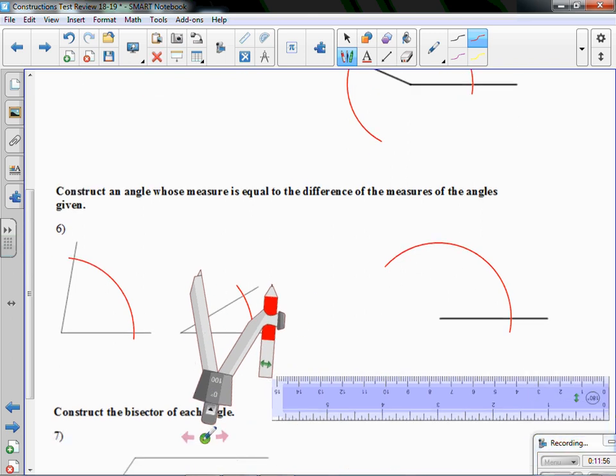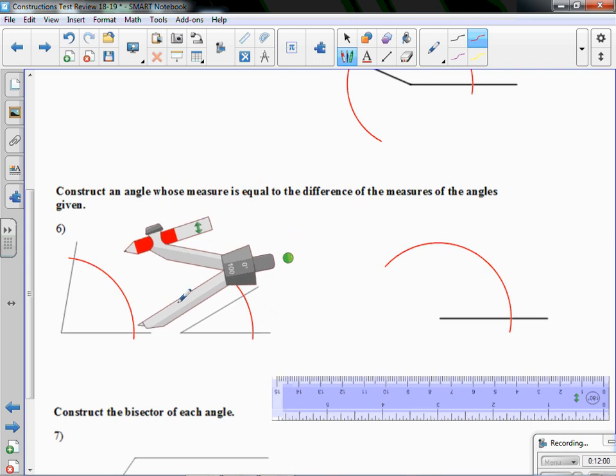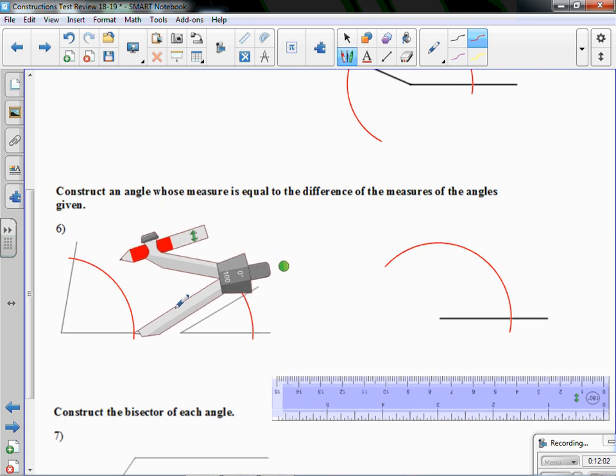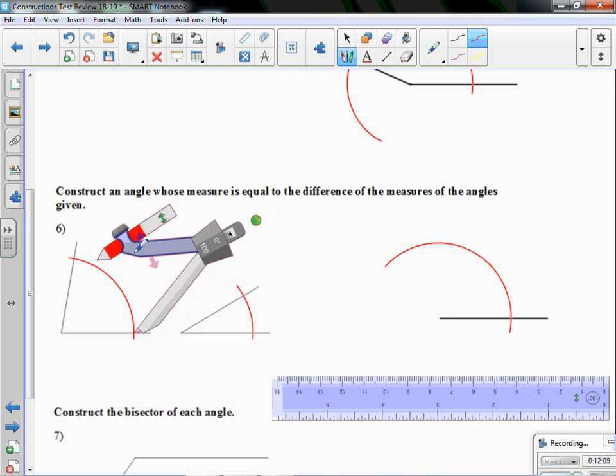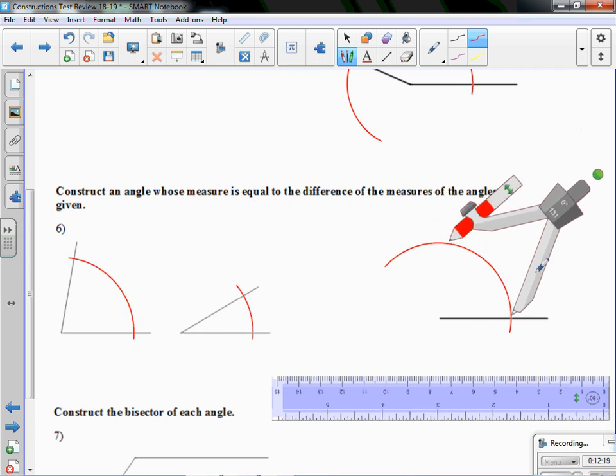Now come over here and measure the distance between the two arc intersections. Here and there. Come back over, mark that length off.